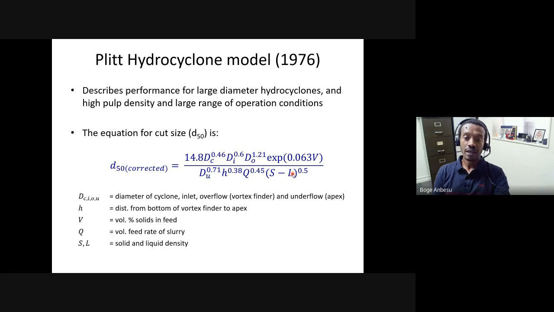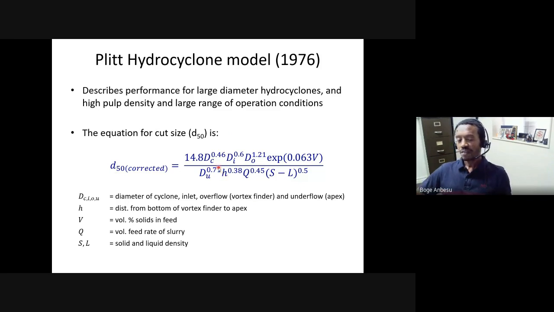But you can prepare a dense medium, particles can be suspended in it, and hydrocyclones can be operated on that principle as well. Again, if that's the case, you take the density of your medium as L. But regardless, you can predict the D50 based on a set of conditions.